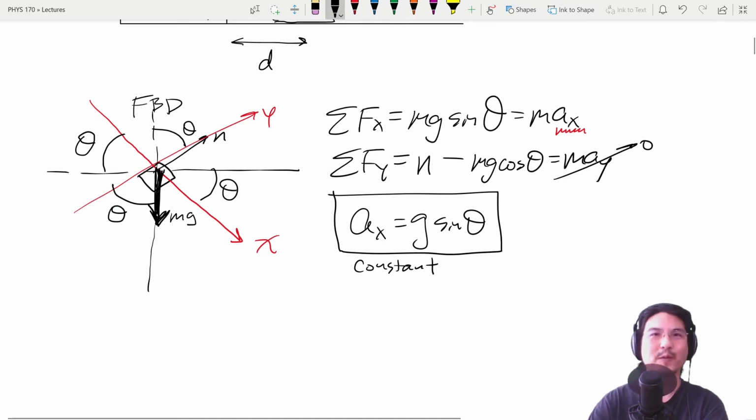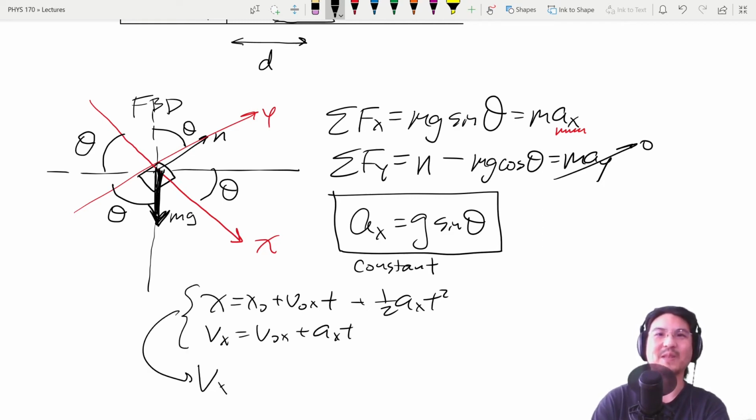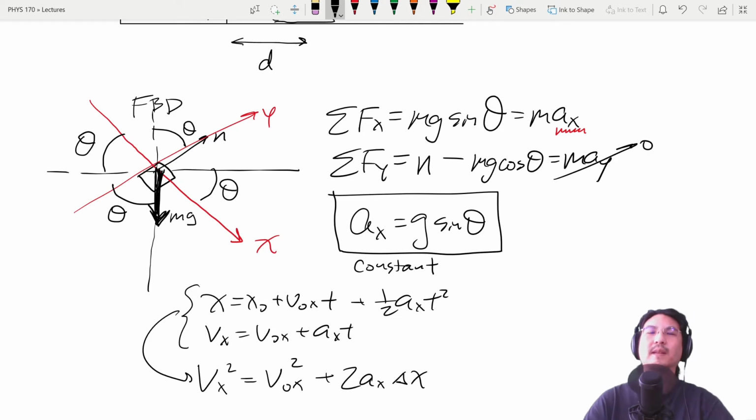You know this formula, you know this one, and you can combine these two to get this one. Now you look at what is known and what is unknown.